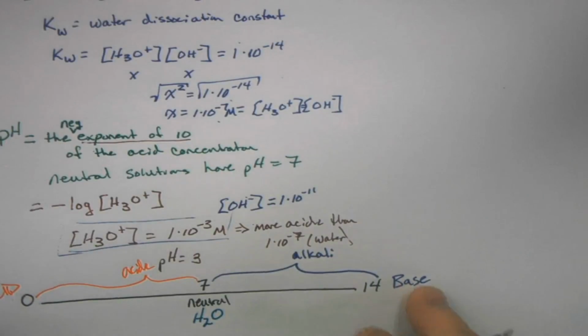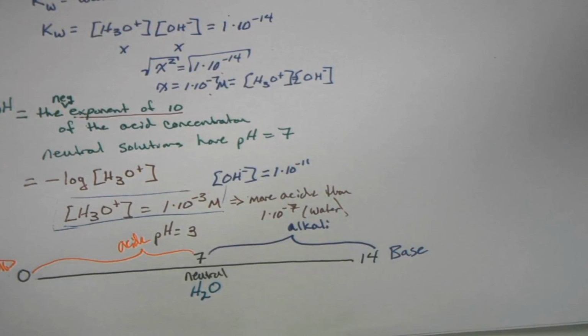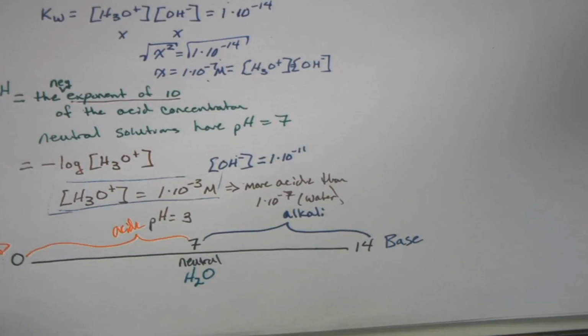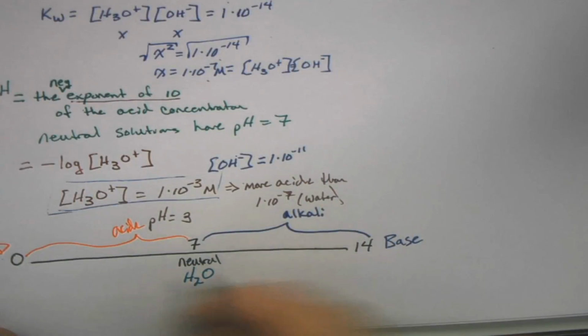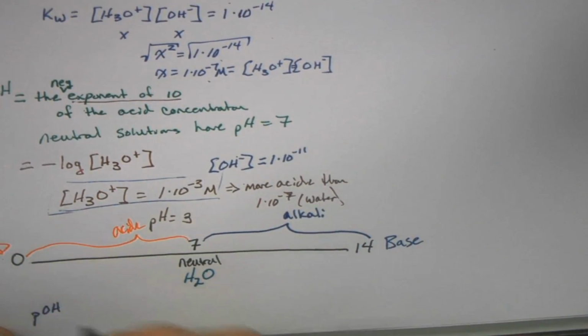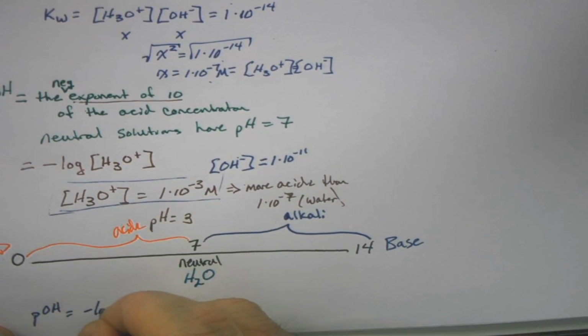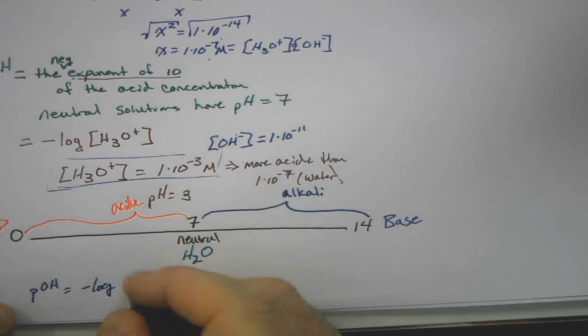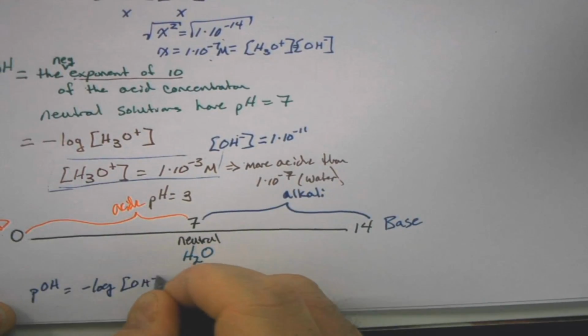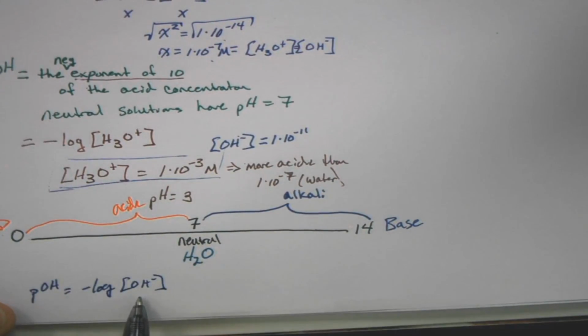Now you can do the same thing, and I do this at the risk of confusing you. There is also a thing called pOH, which is the same thing except you do it for the hydroxide concentration, and it works exactly the same way.